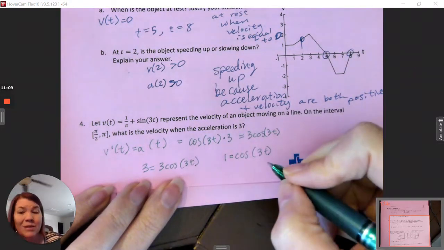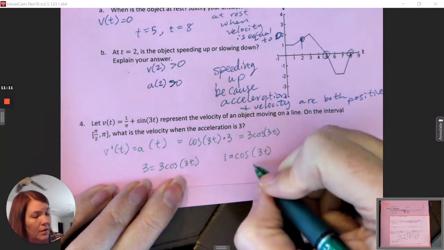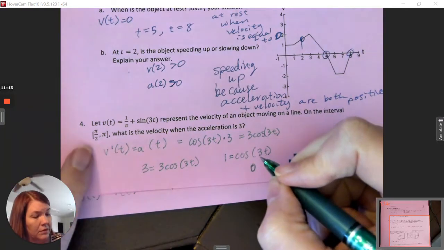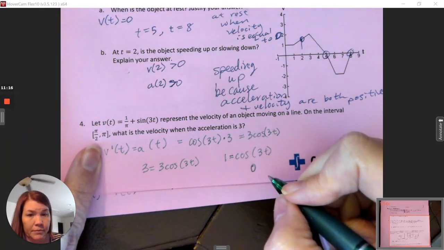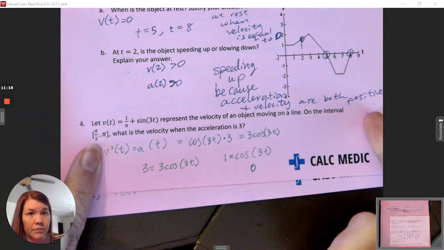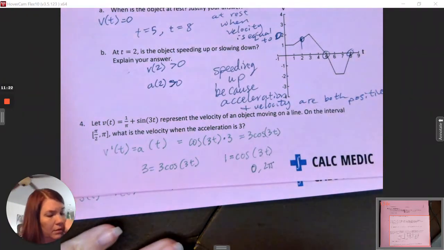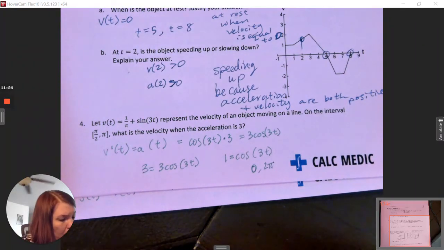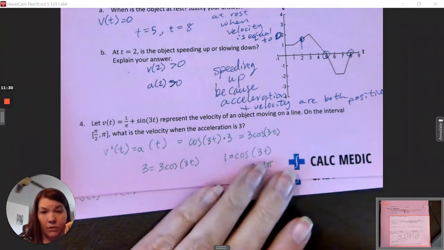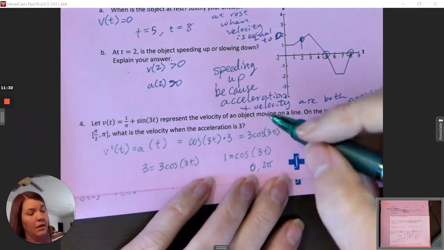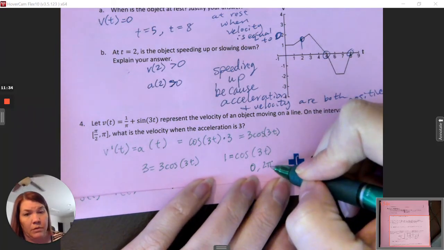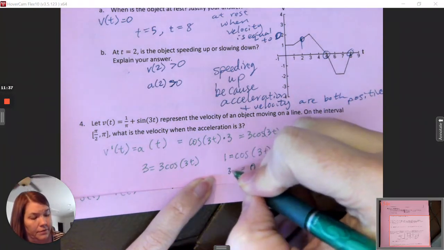Cosine is equal to 1 at 0, but 0 is not in this interval, and at 2 pi. That's a little confusing, but not t equals these numbers, 3t equals these numbers.